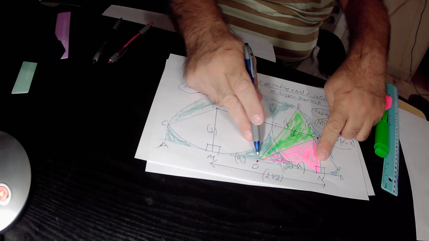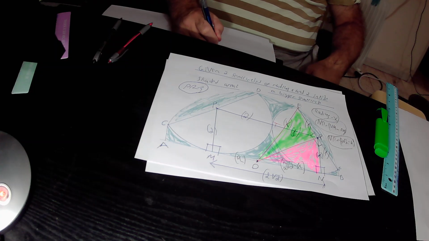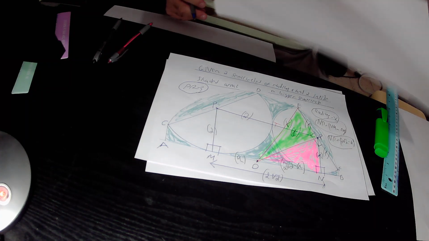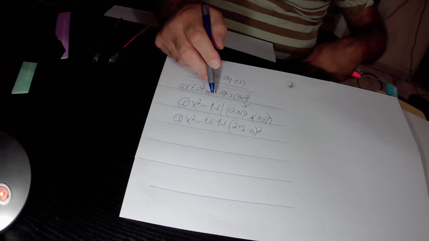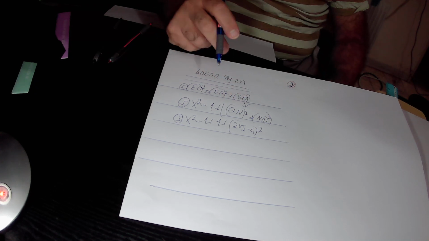NO is 2 times square root of 2 minus a, therefore NO squared is 2 times square root of 2 minus a, squared. So according to equation 1, x squared equals 1 plus 1 plus 2 times square root of 2 minus a, squared.